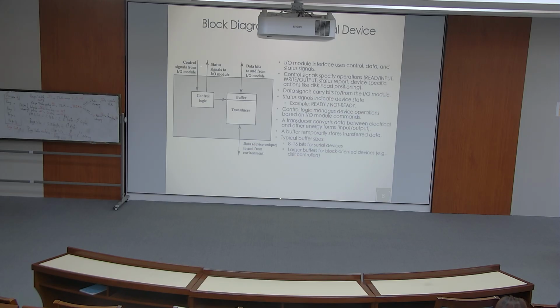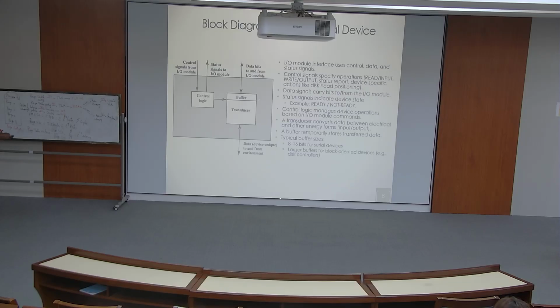Now, we have here control signals from the input-output module that need to be sent to the controller logic. The controller logic will respond with the status signal to the input-output module. Then we have the data that needs to be sent to or from the input-output module.